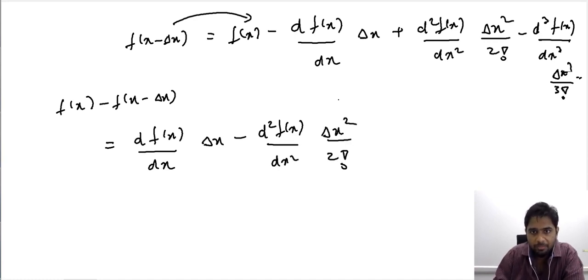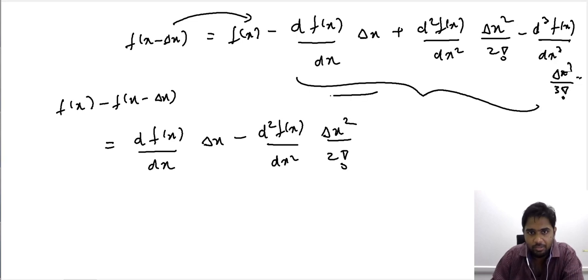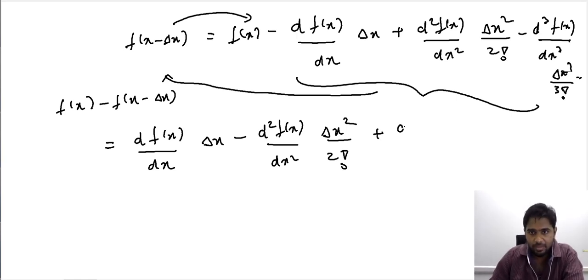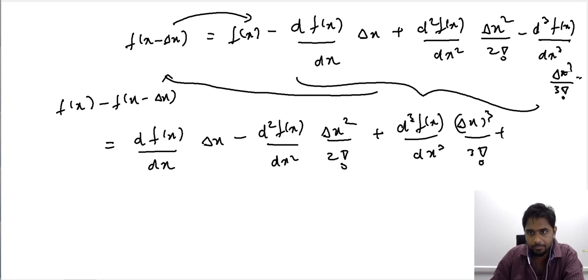So all that we are doing is bringing all these terms to the other side as we bring f of x minus delta x to this side. So therefore you have a minus sign, where initially it was a positive sign. And the third derivative, and we have delta x cube by 3 factorial, and so on and so forth.